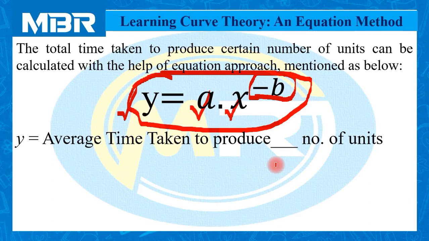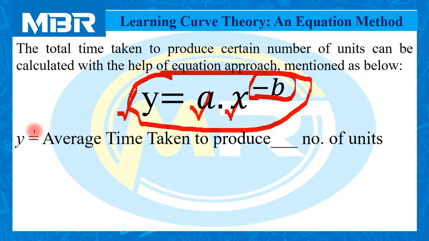You can calculate for any number of units, and it was a limitation of the earlier method, because in the earlier method we can calculate for a fixed number of units that is available to us in the sequence of double. But in the equation method, we can calculate for any odd number of units of production.